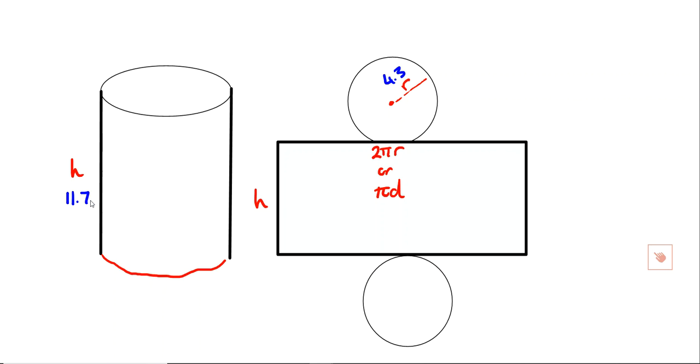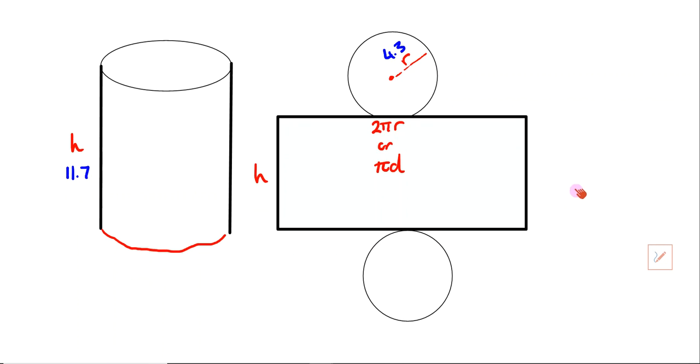So if I wanted to work out the surface area of this cylinder then, what do I do? Yeah? Surface area of the cylinder. You want to find the surface area of the circle. So we've got to find the area of the circles first, times that by 2.